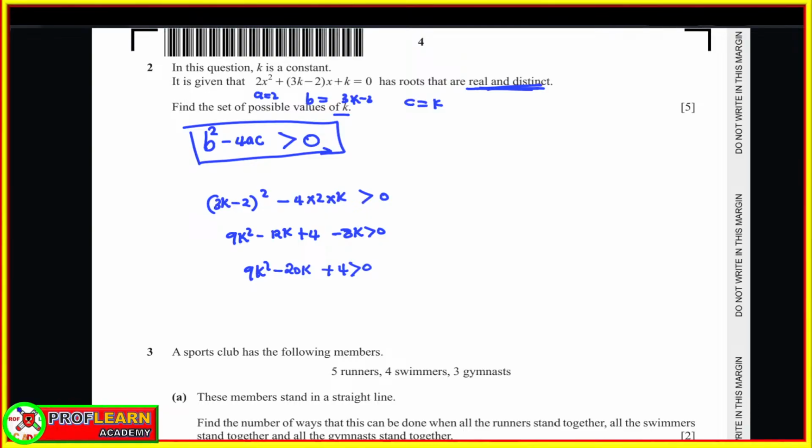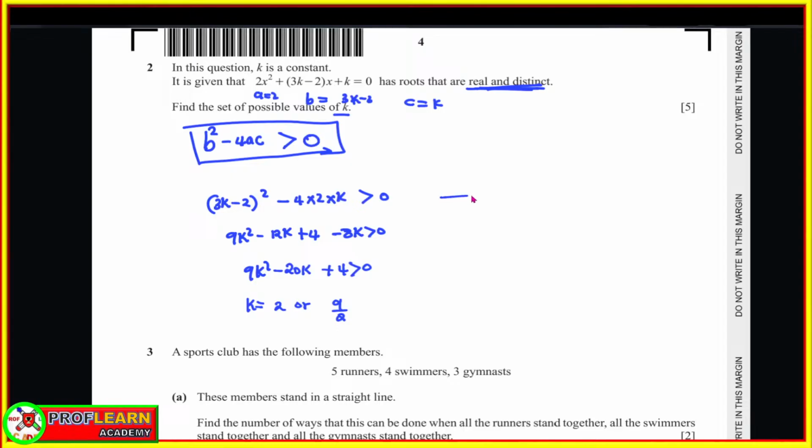So we shall first work that out. So if you find the value of k, k is going to be equal to 2, or k is going to be equal to 9 over 2.